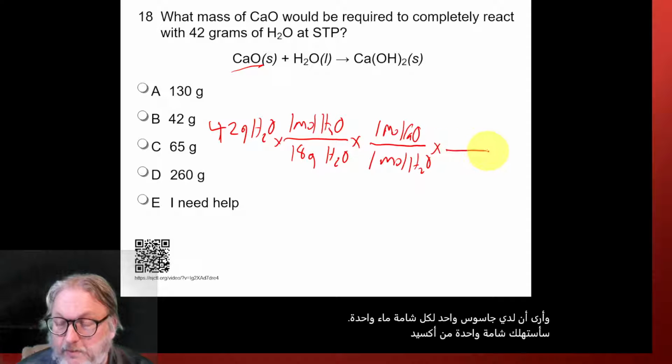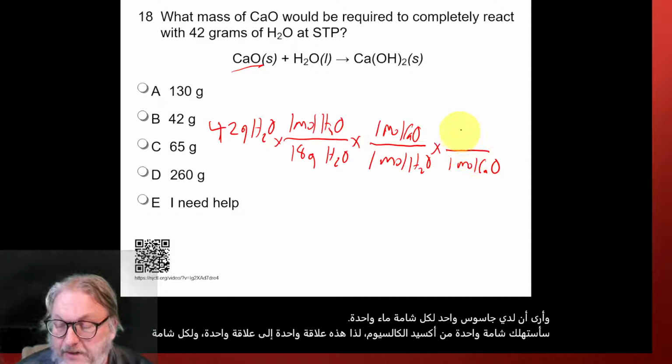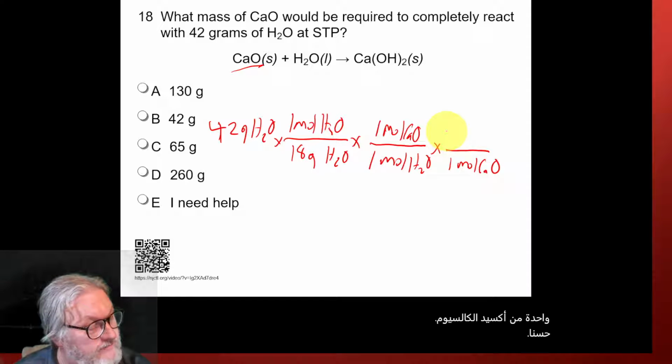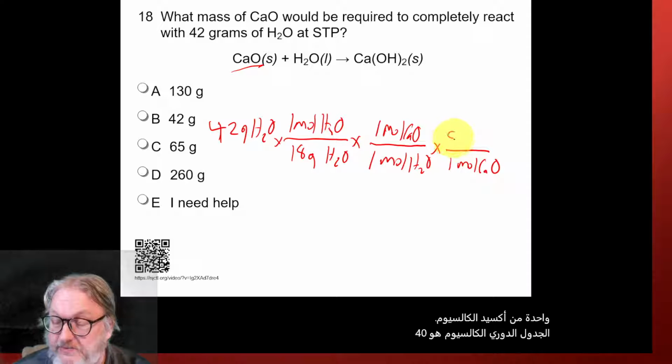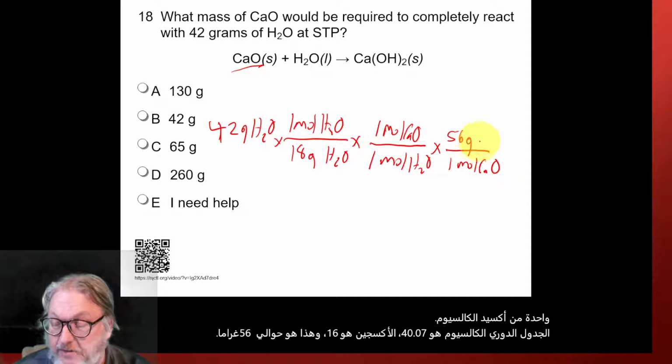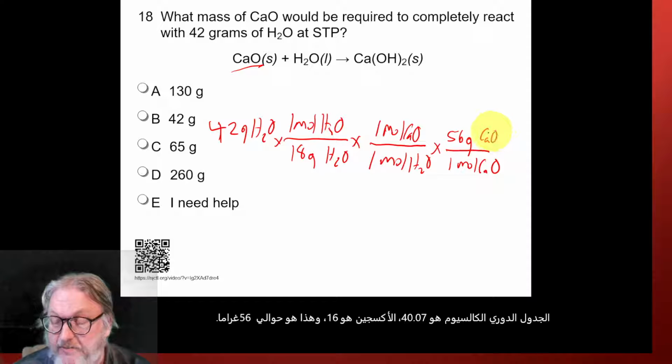So that's a 1-to-1 relationship. And for every 1 mole, it's asking for mass, 1 mole of calcium oxide. All right. On the periodic table, calcium is 40.07, oxygen is 16, so that's about 56 grams of CaO.